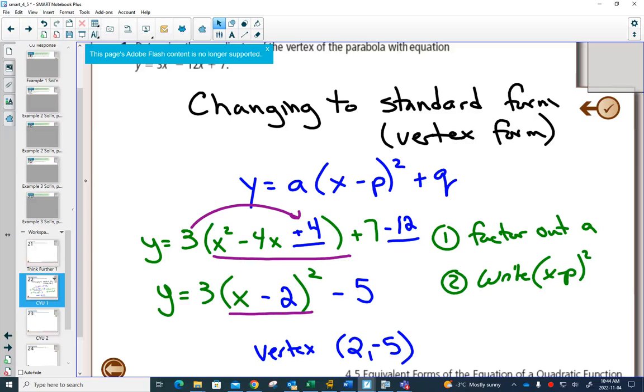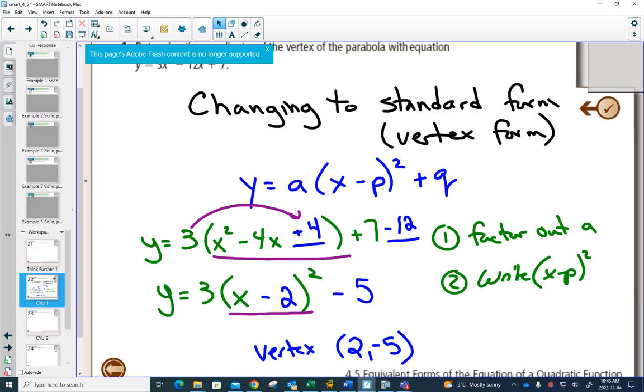What does this remind you of? When did we do something similar to this? It was different, but it's very similar. You remember? No? Never seen anything like this before? This technique? Completing the square. Okay? But you see it's a little bit different than completing the square?